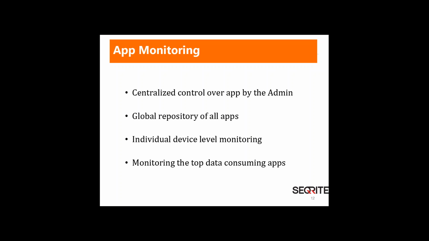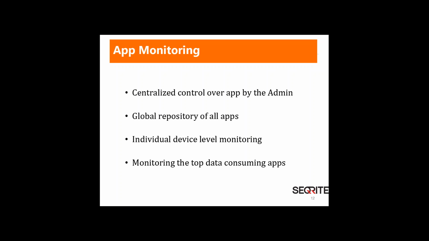Admin will also be able to manage the devices individually as well. He can block or recommend or uninstall any application on an individual level as well. Admin can view the top installed applications in the enterprise, and which applications are consuming more network data.